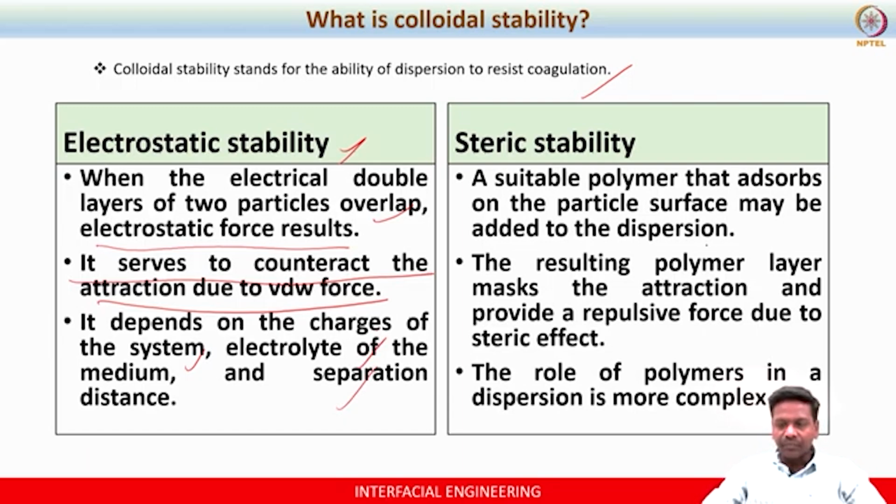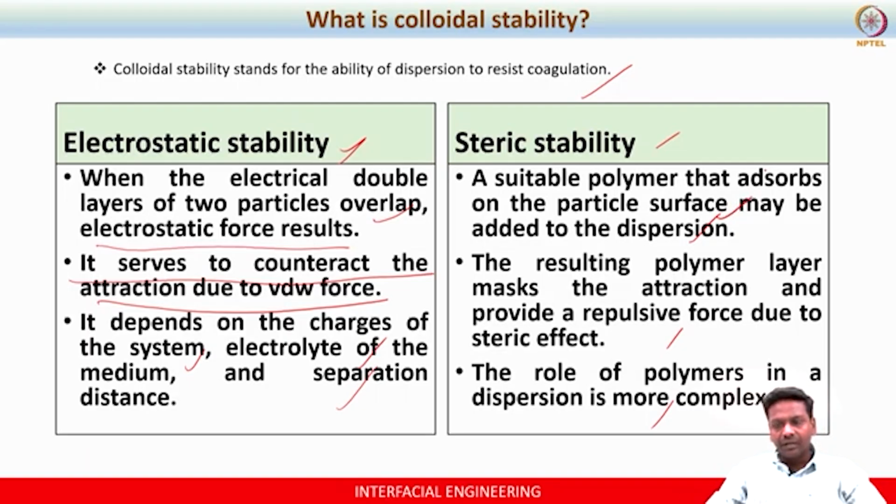On the other hand, you can also maintain stability by imparting steric stability, right? So let's say you have a particle system and there is some polymer that can adsorb on the particle surface.